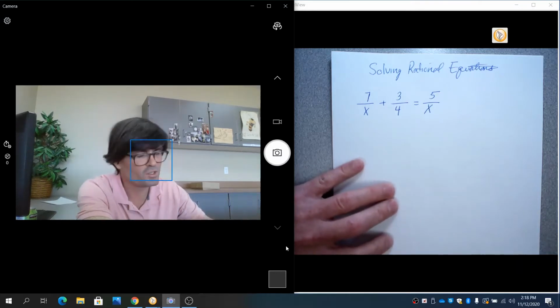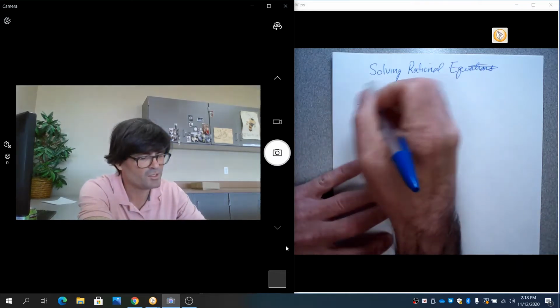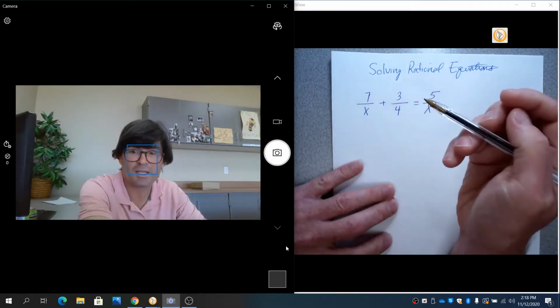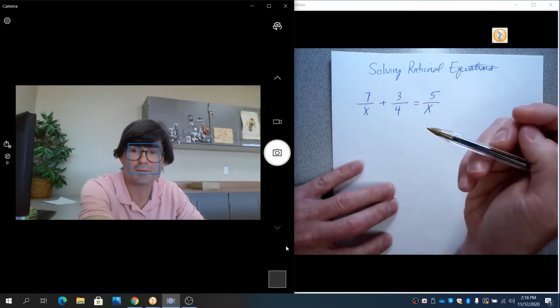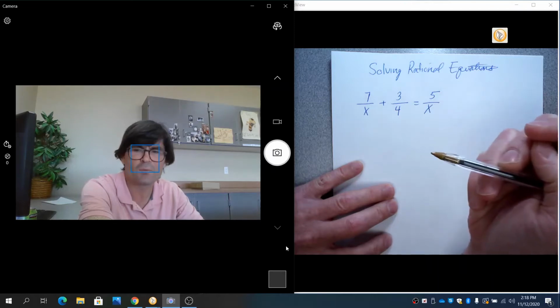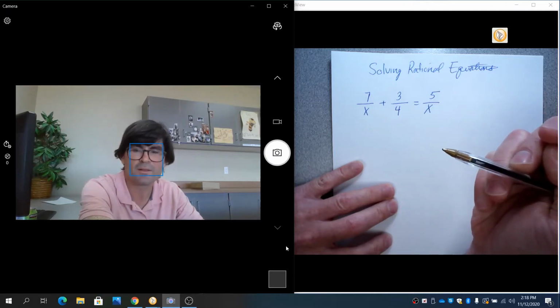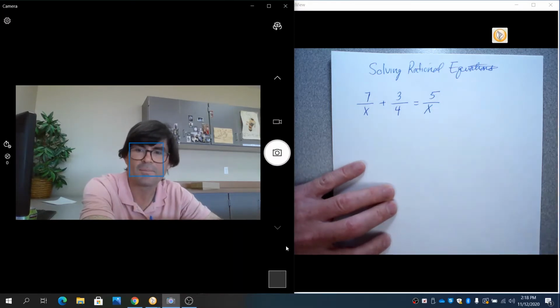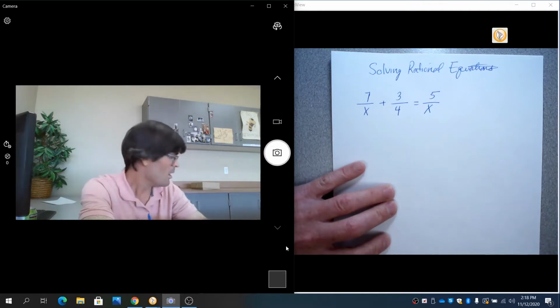The first is you could add these two items together and then use cross multiplication once you have one fraction equal to another fraction. The other way is you could find a common denominator and then just multiply by that common denominator. So I'm going to use this equation to do both and demonstrate both.